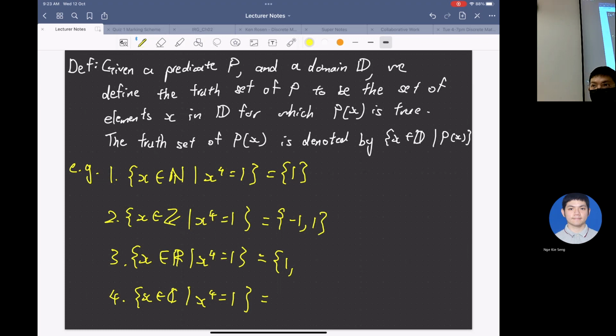Anything else? -1. Okay, -1. Anything else? What? I? I is not in R. I is in here. I. Anything else? -1, 1. Anything else?